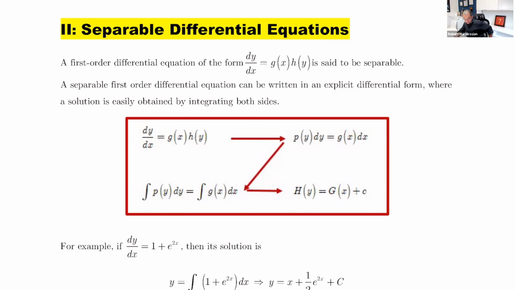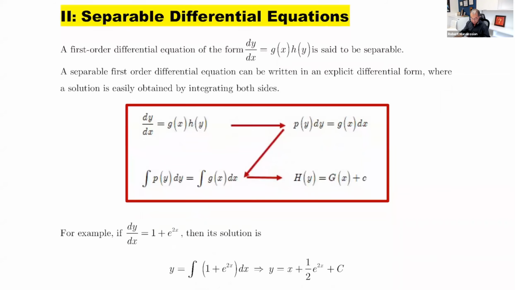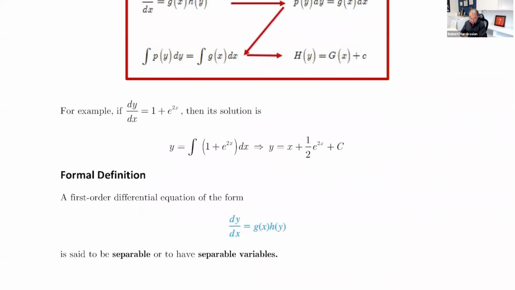Let's do an example so you can see how this works. If we have this equation dy/dx equals 1 plus e to the 2x, then what you can do is just separate. If I write the step here for you, you can say dy equals 1 plus e to the 2x dx.